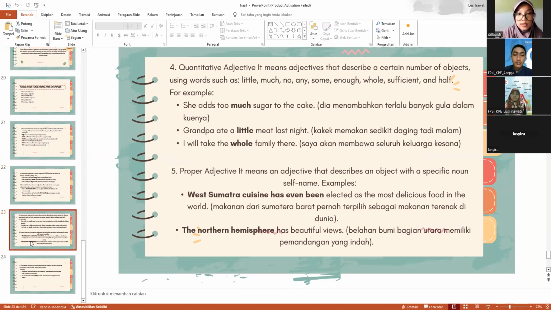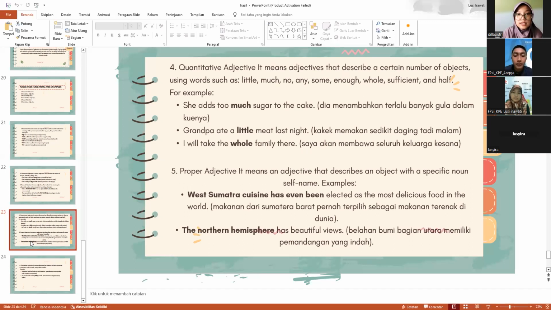Fourth, quantitative adjective means an adjective that describes a certain number of objects, using words such as little, much, no, any, some, enough, whole, sufficient, and half. Jadi maksudnya adalah kata sifat ini menjelaskan benda dalam jumlah tertentu.